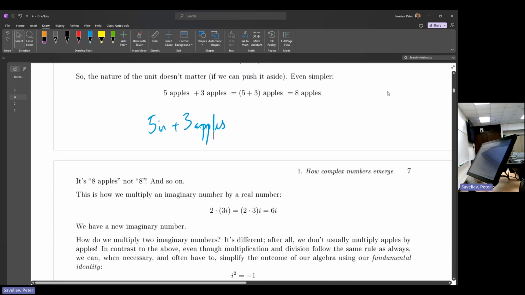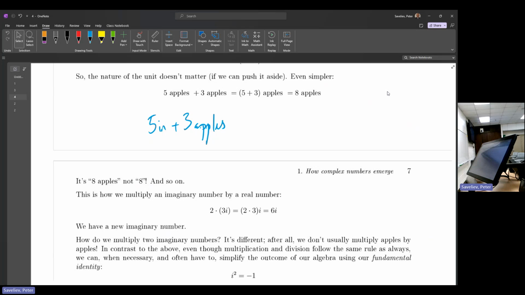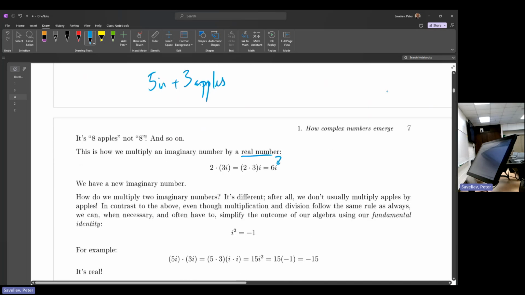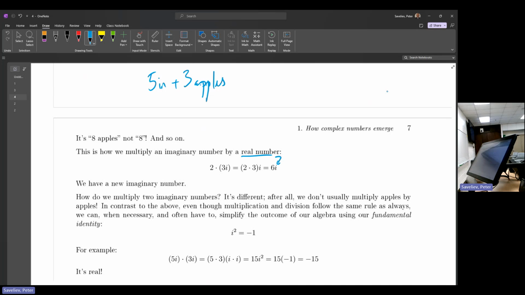Okay, and now we have multiplication. Multiplication of imaginary numbers, as you can see, produces a result where you can multiply by a real number, which produces once again an imaginary number. But if you multiply two imaginary numbers, you will get a real number, which comes from requirement number 3. 5i times 3i: as I said, you are allowed to do the algebra as if you're dealing with real numbers, the usual numbers, and you can rearrange everything the way you want, and so you end up with i squared, which is -1, and so the answer is actually -15.